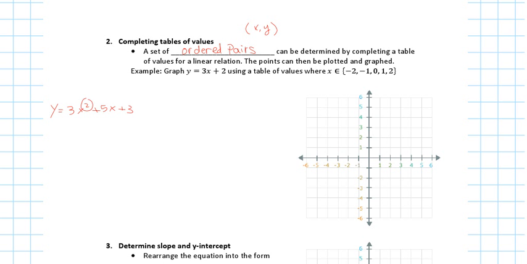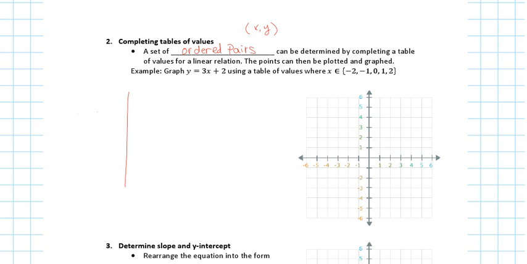Okay? So, now, I have the equation y equals 3x plus 2. They want you to create a table of values where x is negative 2, negative 1, 0, 1, 2. Okay? So let me show you. A table of values is going to look like this.